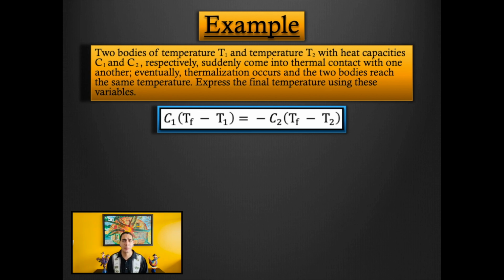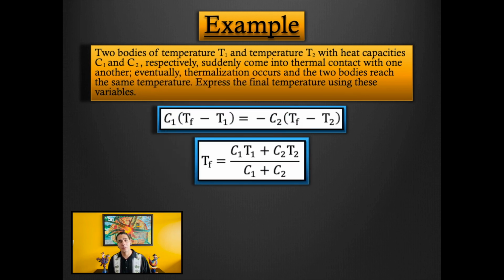Expressing this mathematically, C1 times (T final minus T1) has to be equal to the negative of C2 times (T final minus T2). Once we have it in that expression, then we just solve for the final temperature, and that is equal to (C1 times T1 plus C2 times T2), all divided by (C1 plus C2).